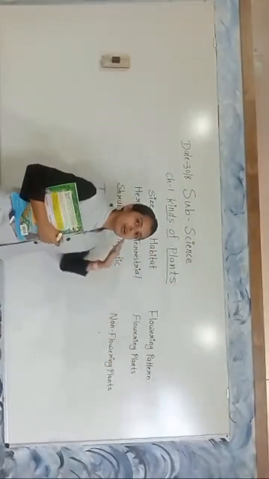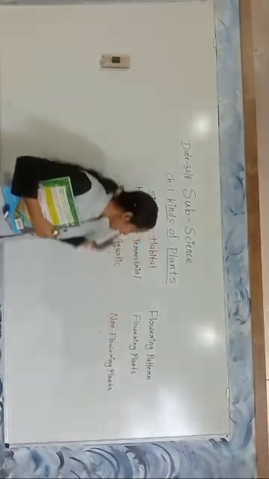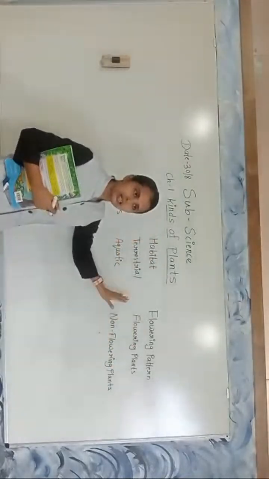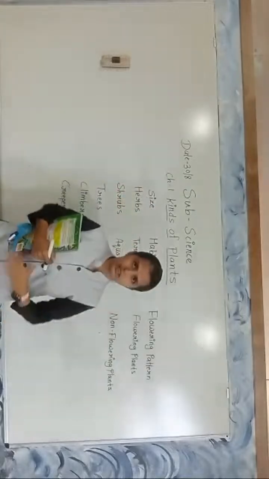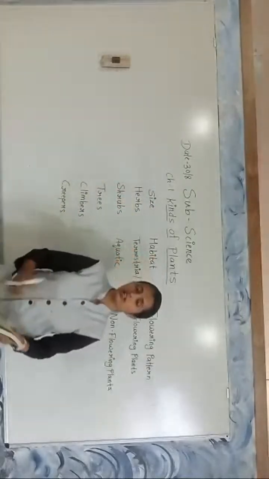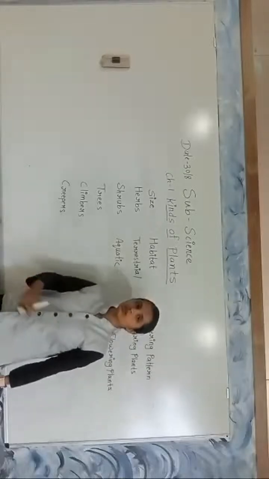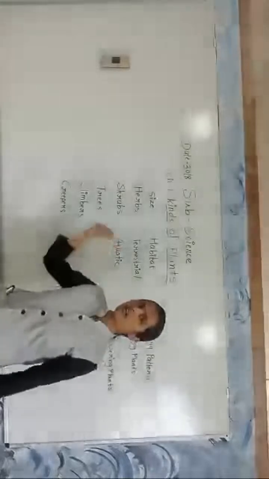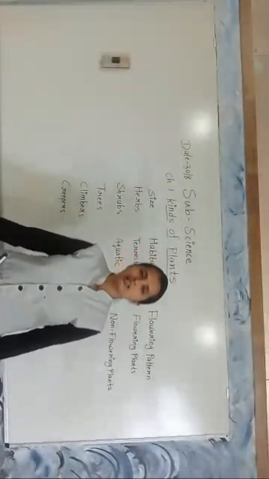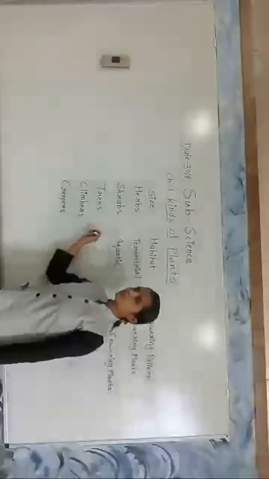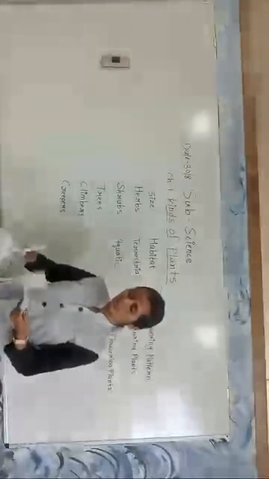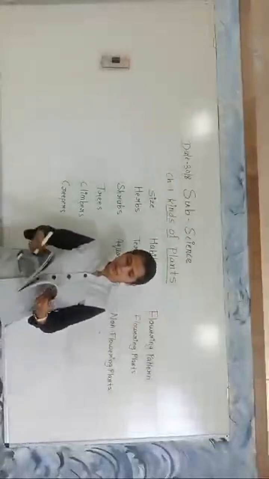So remember all these examples of the different kinds of plants and learn the spellings. If you get the question that write two examples of aquatic plants, then you can write water lily, lotus plant. So these types of questions will come in your exam. Okay? Moving further to our exercise questions.